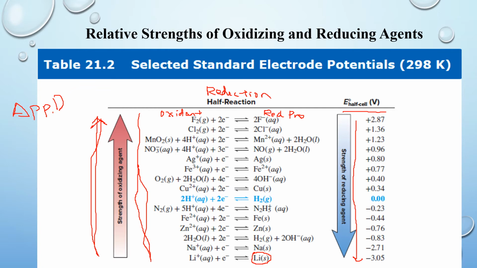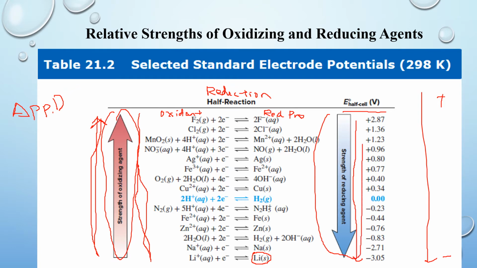That's something we can find in this table, or even in Appendix D, because all these half reactions are ranked in terms of their standard half cell potential, from more positive on the top to more negative down below. So you can use this chart to determine which species is a stronger oxidant or reductant.